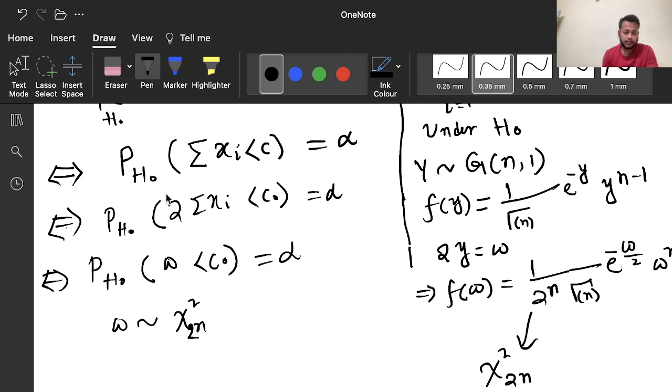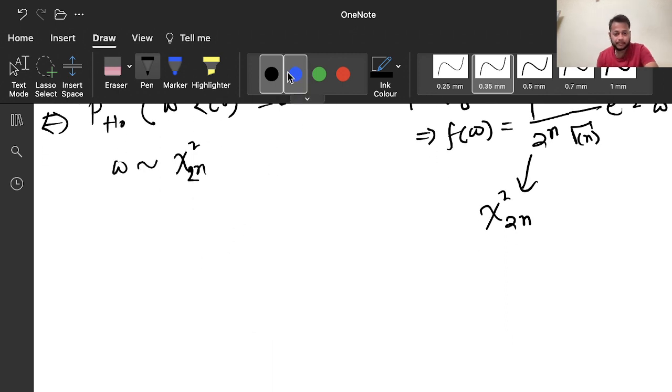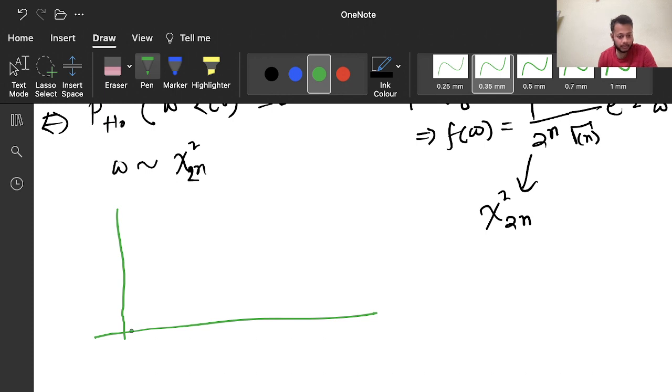Now the probability that this random variable w is less than a constant value is alpha. So let's see it pictorially.